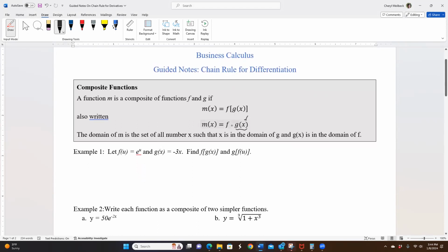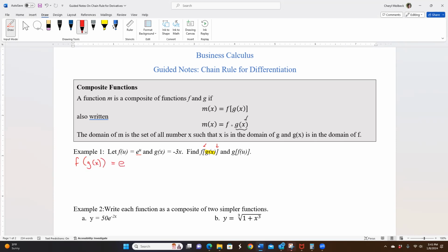Example 1 says, let f of u be e to the u and g of x be negative 3x. Find f of g of x and g of f of u. So here it's telling me to substitute g of x into the f function on the outside. So let's do that first. f of g of x would have my f function on the outside.